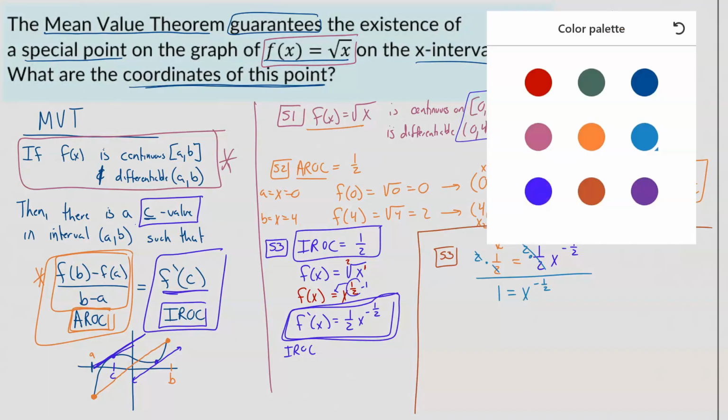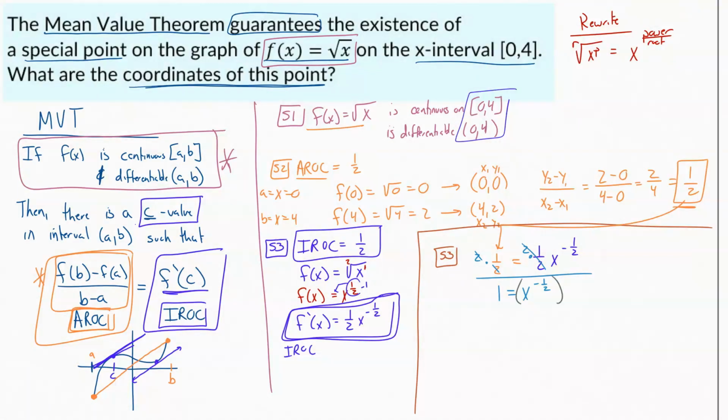So to get rid of that negative 1/2 power, we need to raise this to whatever would make that a positive 1. So you say, what do I multiply negative 1/2 by to make it positive 1? You'd multiply it by negative 2. So you're raising both sides to the negative 2. Then we get 1 to the negative 2.